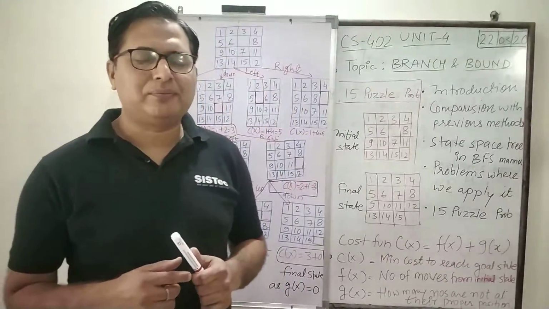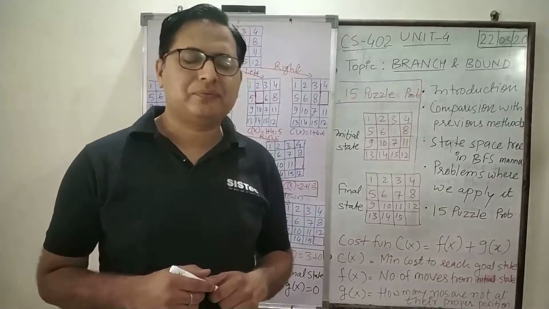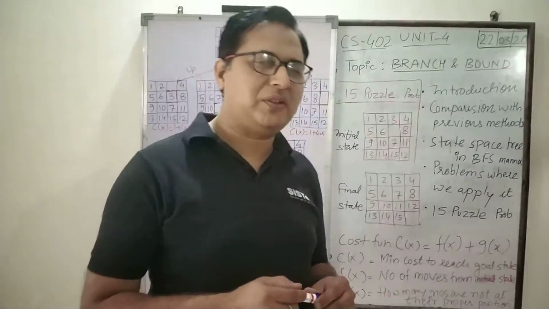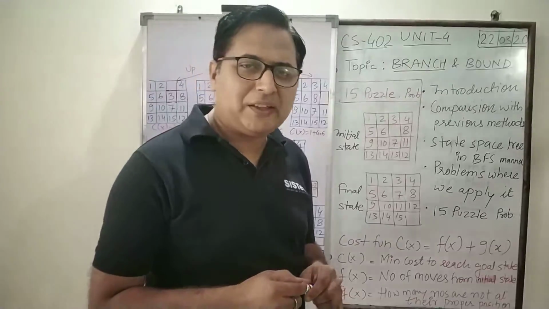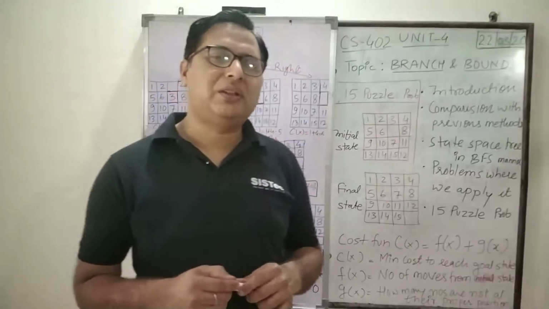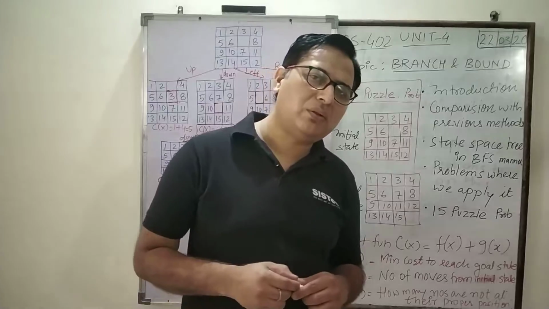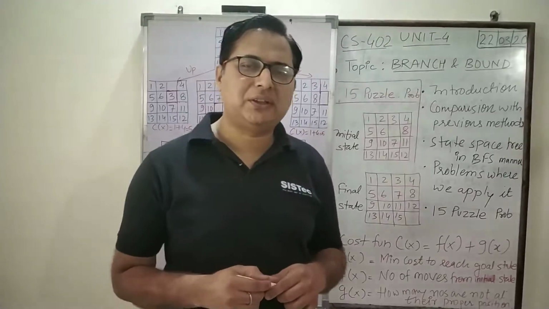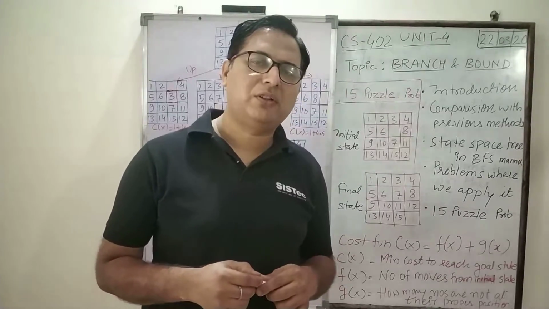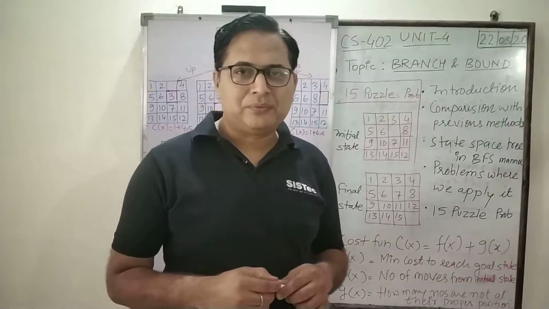Similar to backtracking, we generate the solution space tree, but in backtracking we generate it in DFS manner, while in branch and bound we generate the solution space tree in breadth first manner.